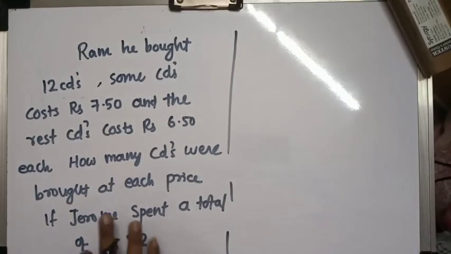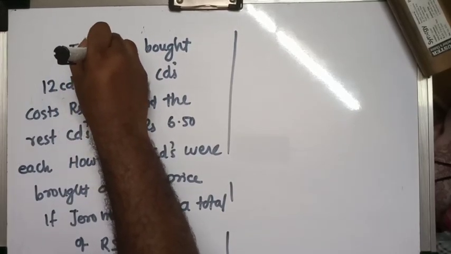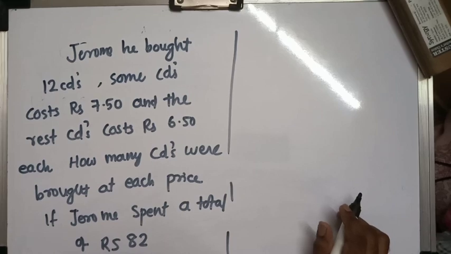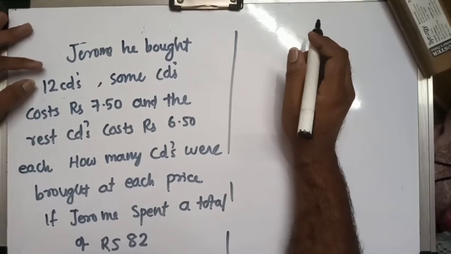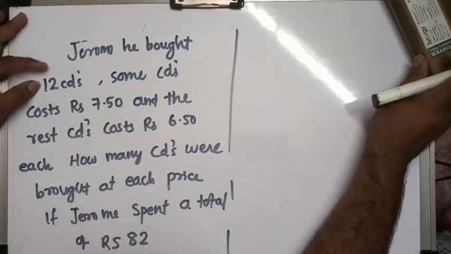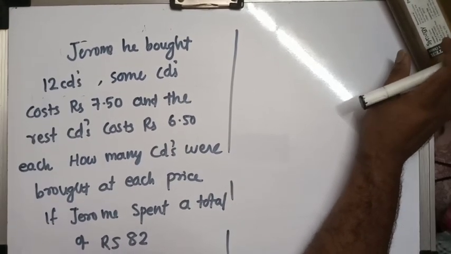I will not take Ram, I will take it as Jerome. Jerome is a boy. He bought 12 CDs. Some CDs were costing rupees 7.50.